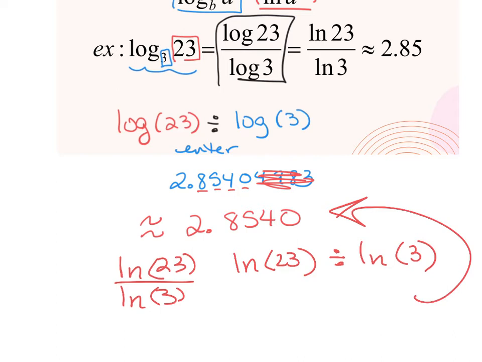So it doesn't matter which one you use, you will still get the same. Now, for those of you with the graphing calculator, you don't have to do this change of base, but let's say the question on your SAT said to write it as a ratio and not actually solve it, then you would just set it up like this.